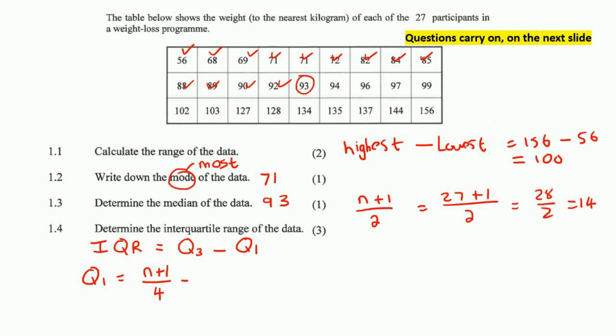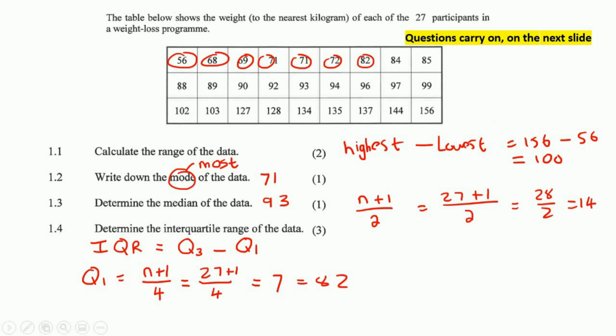So that's 27 plus 1 over 4, which is 28 divided by 4, which is 7. But that's not the answer. We must go to position number 7. So 1, 2, 3, 4, 5, 6, 7. So that's 82. That's Q1.